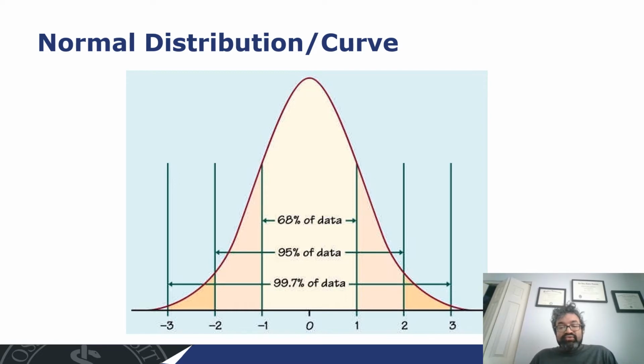Now, if you go 2 standard deviations from the mean, that captures 95% of the data. And then if you go 3 standard deviations from the mean, then that's 99.7% of the data covered. What this means is that you have a steep peak, but then as you go on both sides, this becomes gradual.